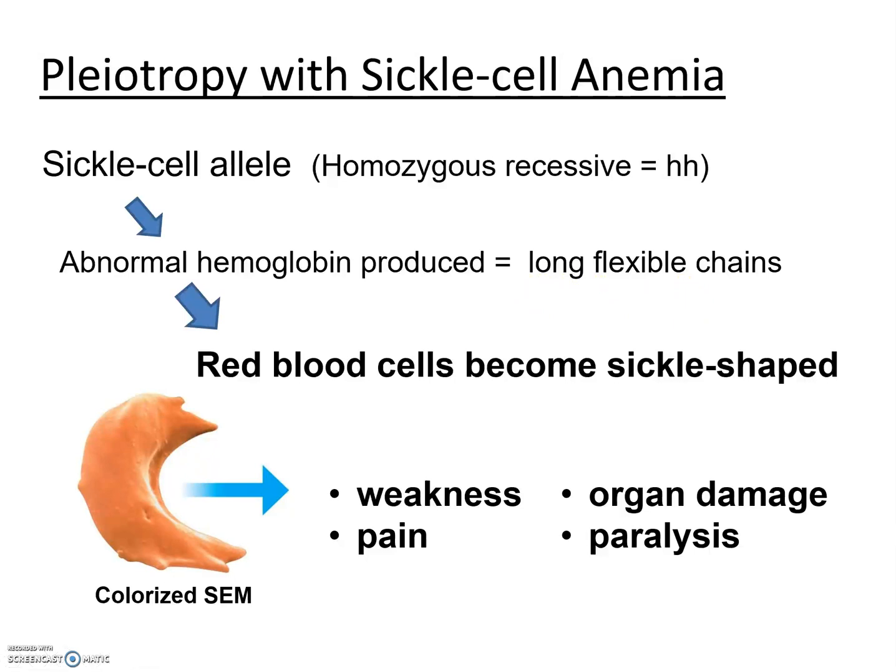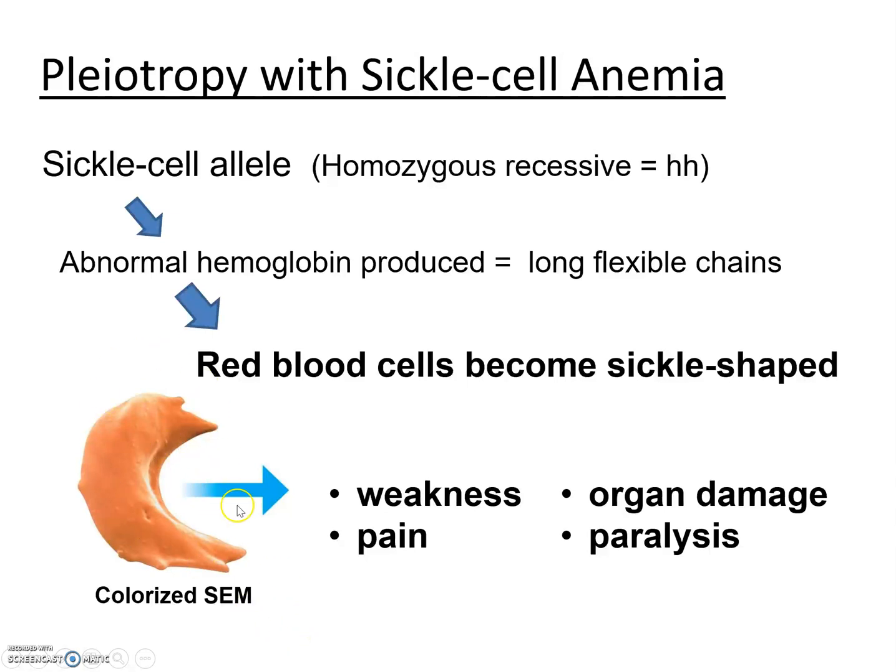Hemoglobin should be a globular molecule where it folds back on itself. The problem is that with abnormal hemoglobin, your red blood cells, instead of being biconcave discs, so think like a plate, end up with this sickle cell shape because they are packed full of hemoglobin, and these cells don't make the right form of hemoglobin.